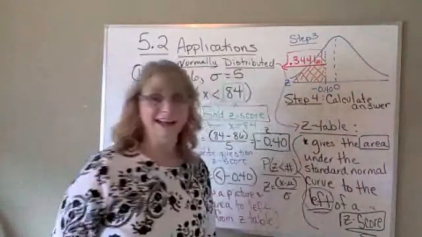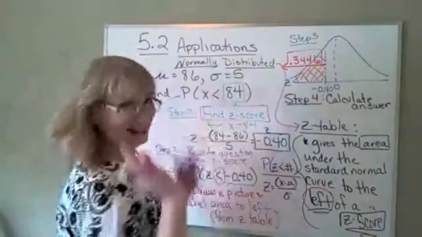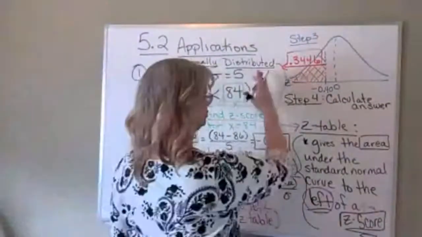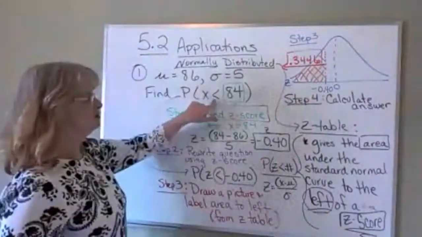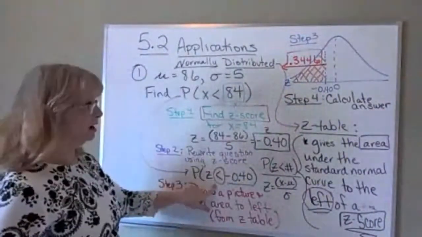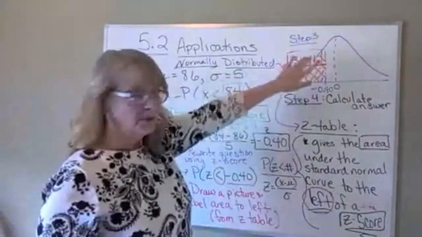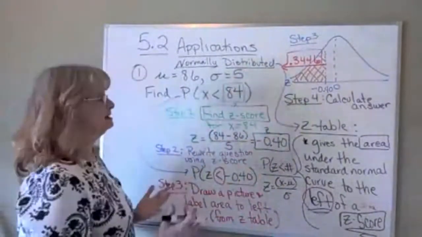Now on this one, there's not a lot of calculating to do because the area we shaded to the left, because this was a less than problem, is also the number the table gave me. So that is my answer.